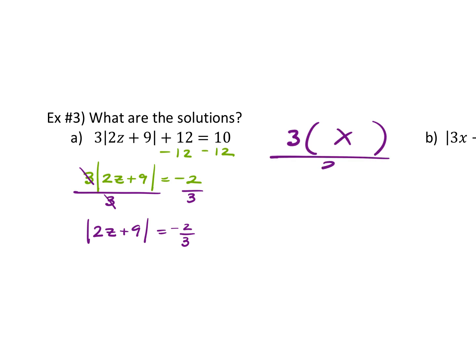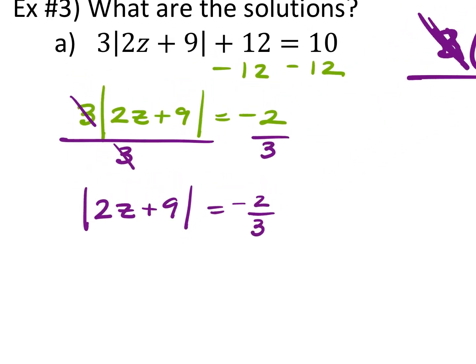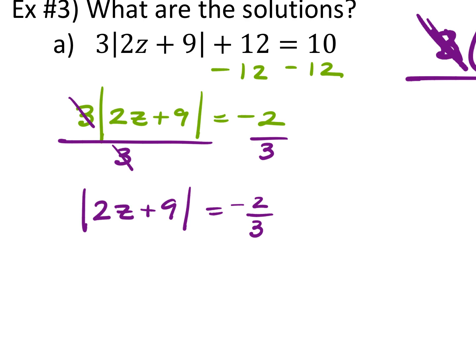If I divide this by 3, I don't have to divide this by 3 also, right? I'm saying 3 times x divided by 3. 3 divided by 3 is 1. They go away. You don't have to divide this. Because this is being multiplied by that. So I'm doing the opposite of multiplying, and I'm dividing.